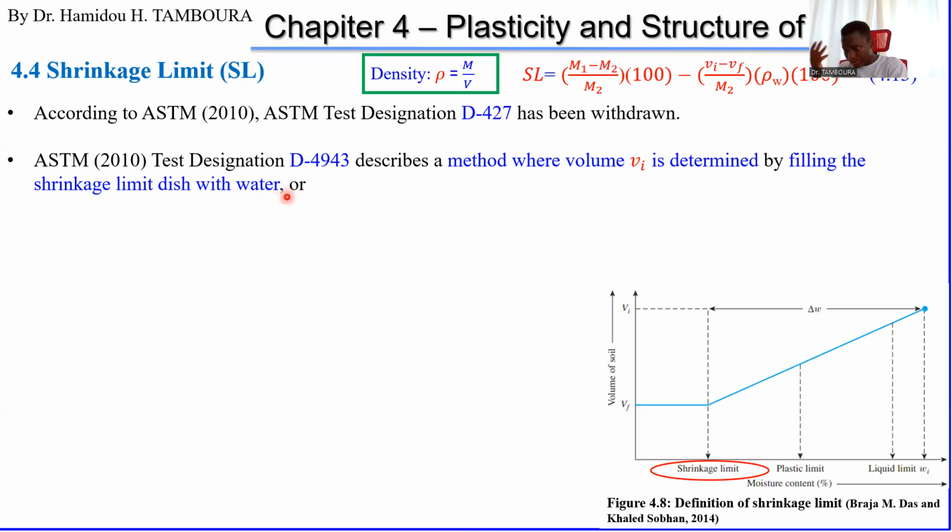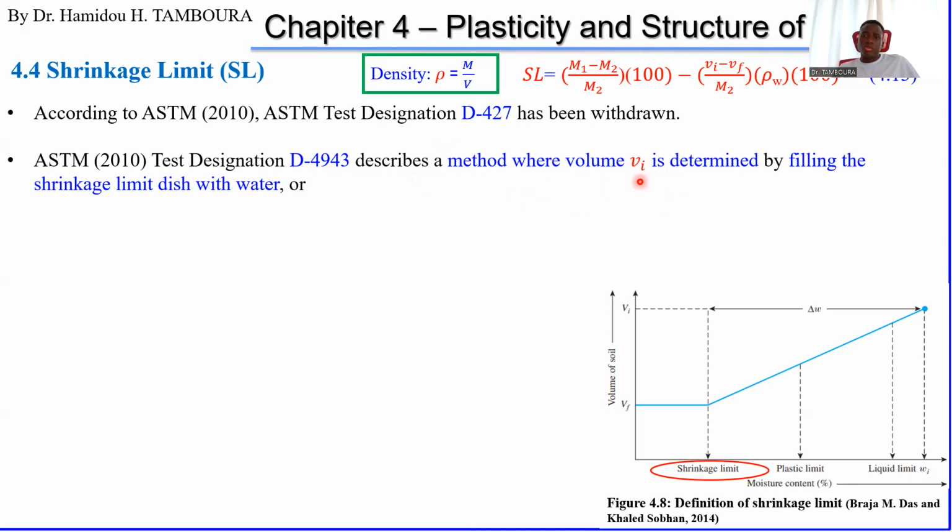So I think with this test, you can do the shrinkage limit test with any dish. But anyway, it's better if you want to buy, of course, for your lab. There are a lot of websites where you can get this equipment to buy. Okay.